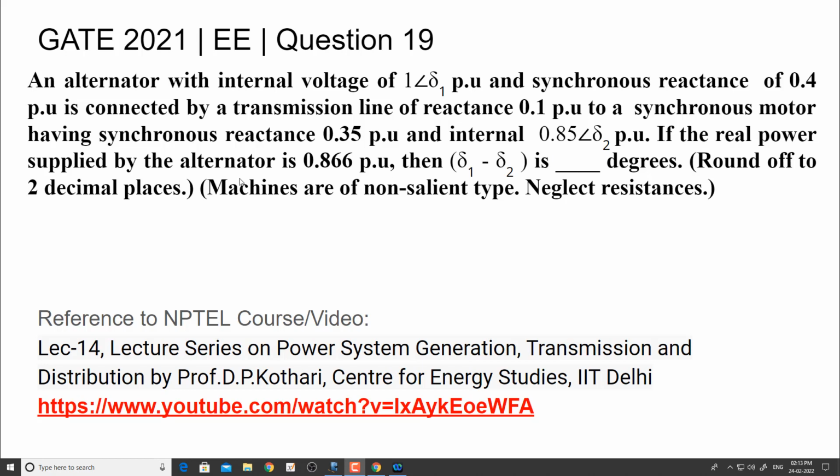If the real power supplied by the alternator is 0.866 per unit, then find delta 1 minus delta 2 in degrees.